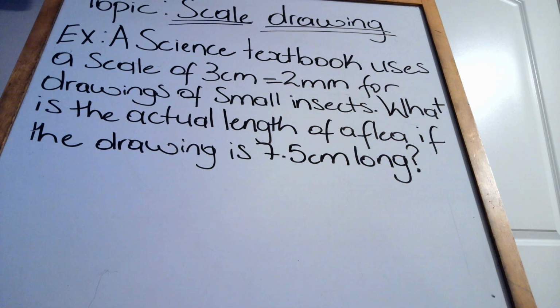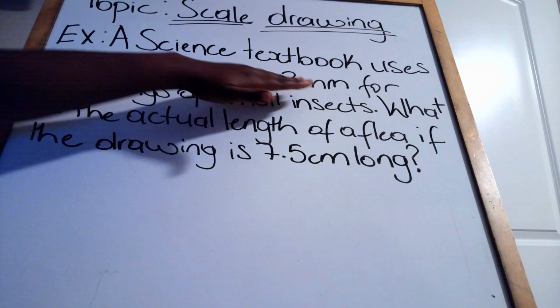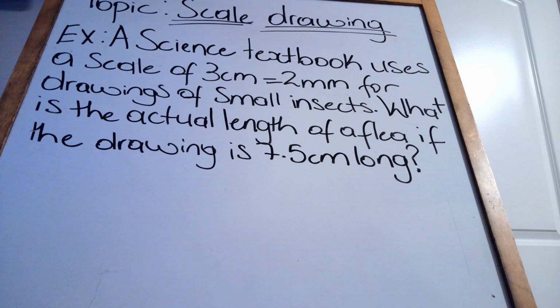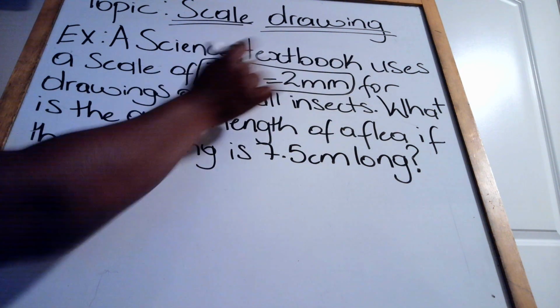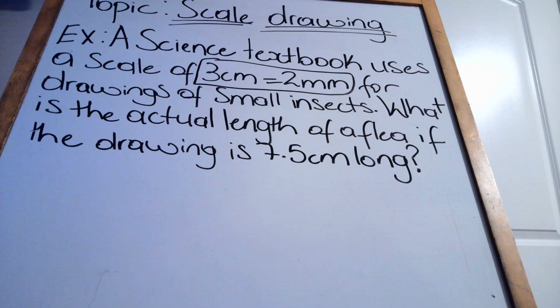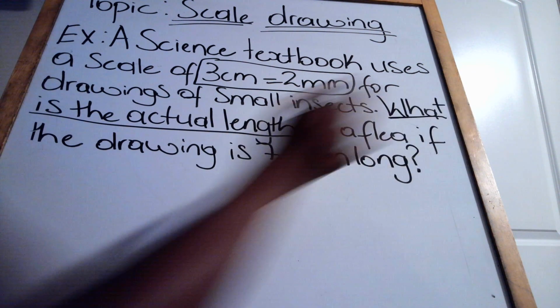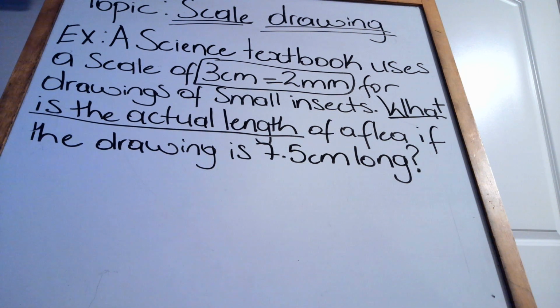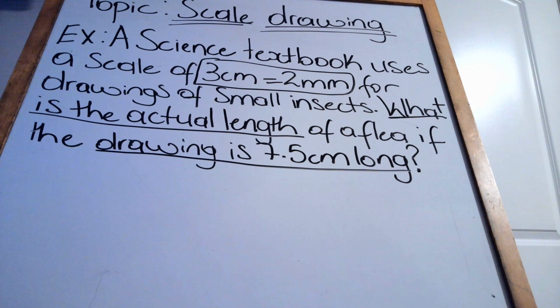So let's go. It says a science textbook uses a scale of 3 centimeters to 2 millimeters. So the scale is given, which is 3 centimeters equal 2 millimeters for drawings of small insects. The question now says, what is the actual length of a flea if the drawing is 7.5 centimeters long?